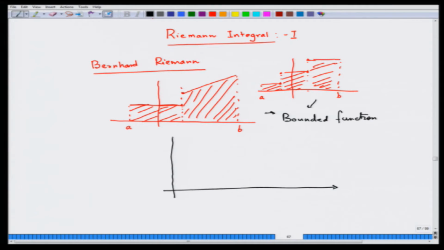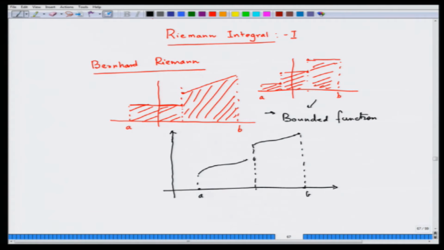So, Riemann's vision was the following. Let us just take this curve, the graph of a bounded function, and just for the heck of it we take one discontinuity. I will just make it much easier.